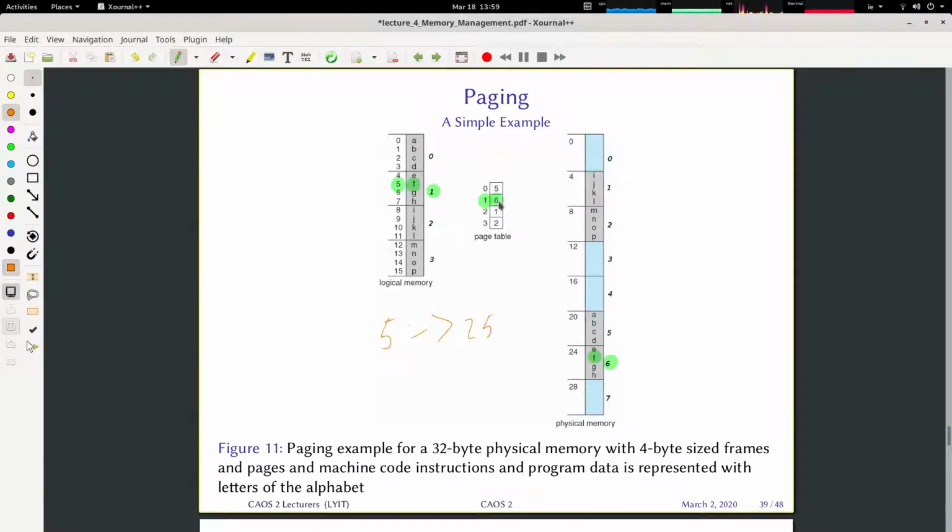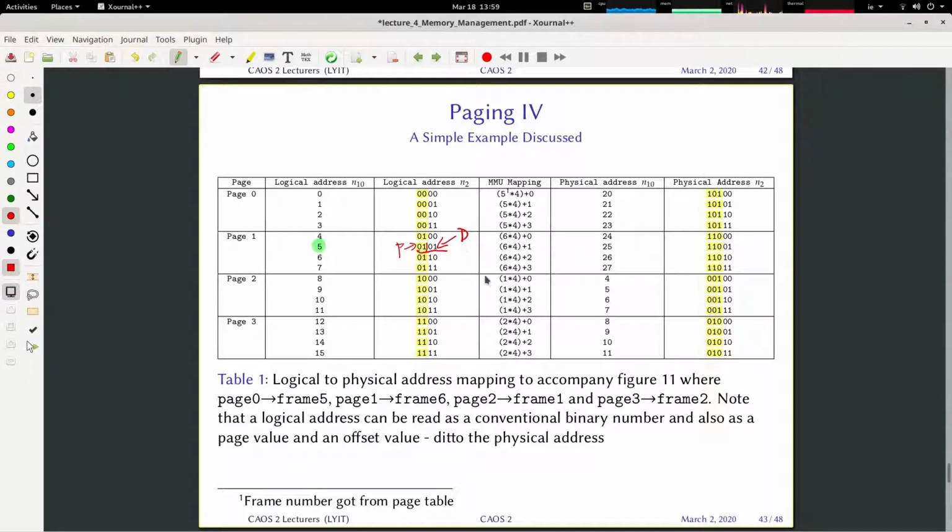Page 1 is stored in frame 6, and the MMU mapping, the transformation, will be 6, which is the frame number, multiplied by the size of the frames and pages, and adding on the offset value, which is 1. So we get 6 times 4, which is 24, and that gives us a physical address of 25, which is what we're looking for.